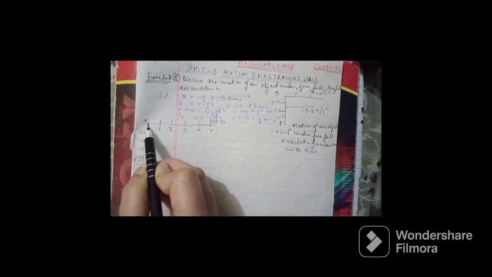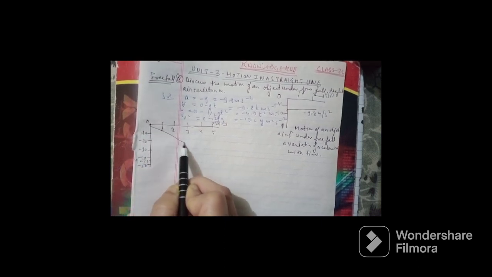So it will go from here to here. Okay, that's what it will go. This is the variation of motion of an object under free fall, variation of velocity with time.